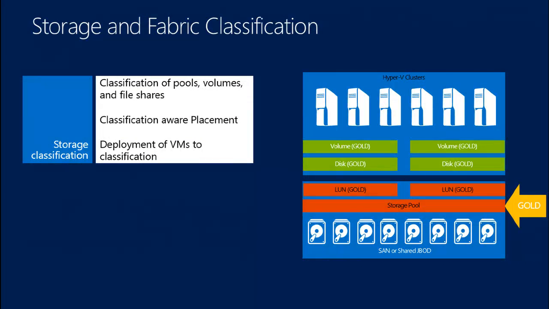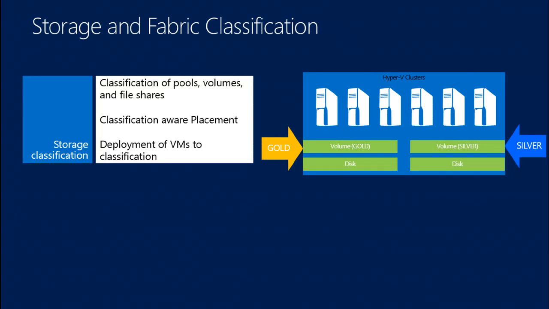So I talked about classification. Before R2 we had one type of classification called storage classification. This essentially allowed you to tag a pool with gold, silver, bronze. The feedback that we got from customers is that this is great, but we want a little bit more flexibility. What if we didn't have a SAN to begin with, or maybe the SAN didn't have any kind of provider?